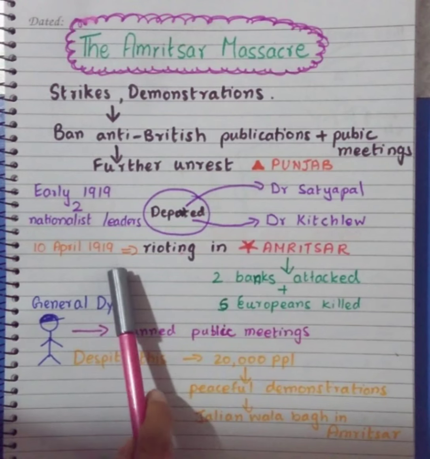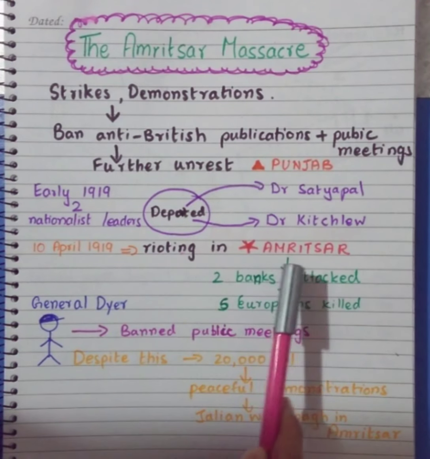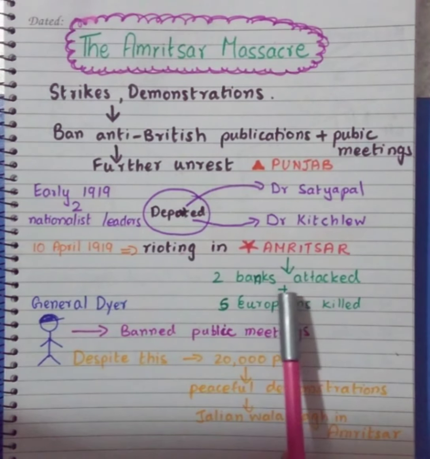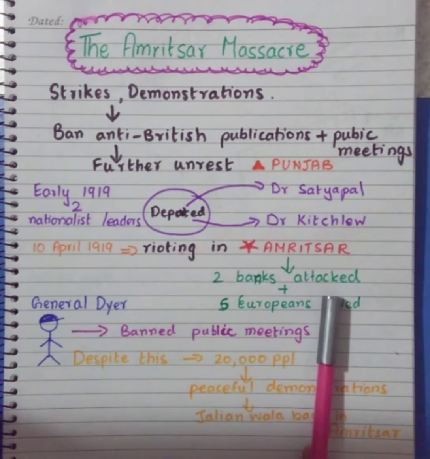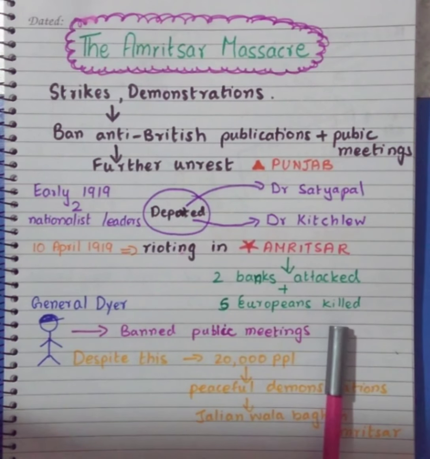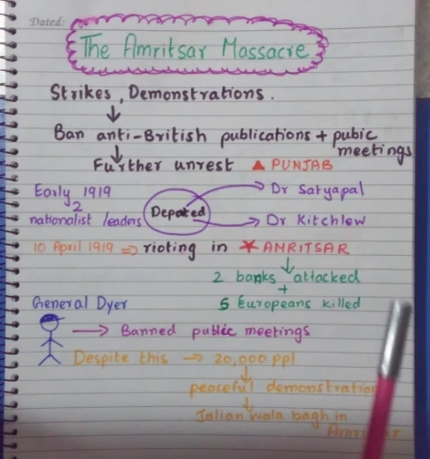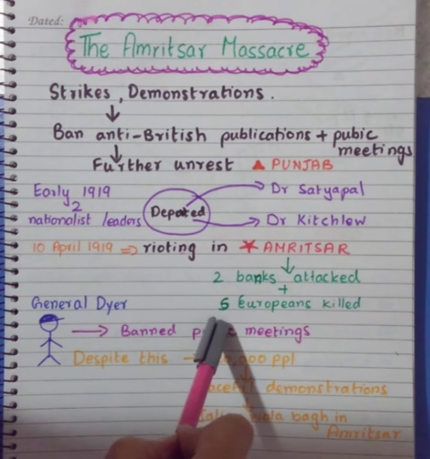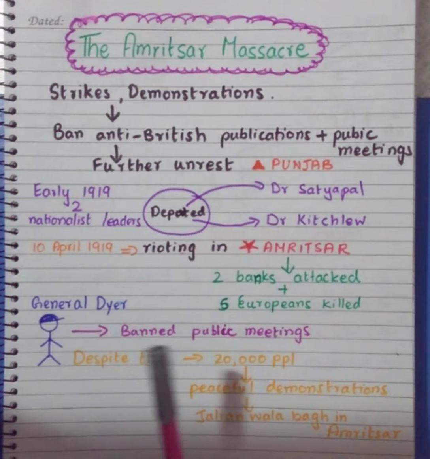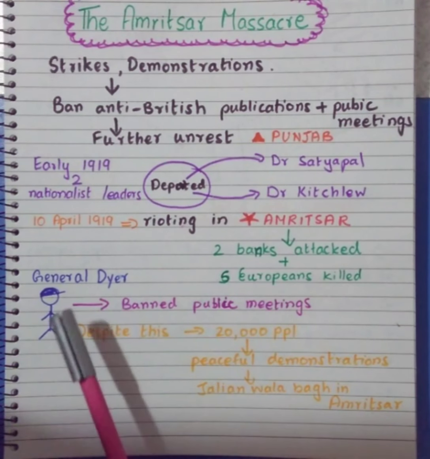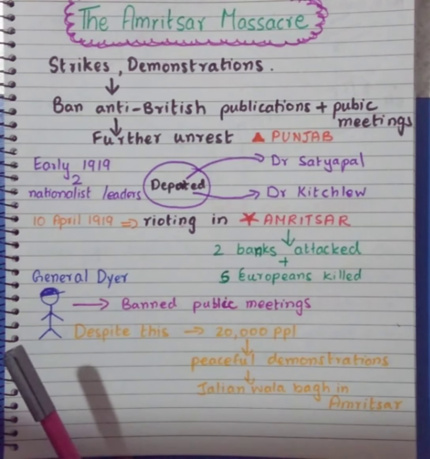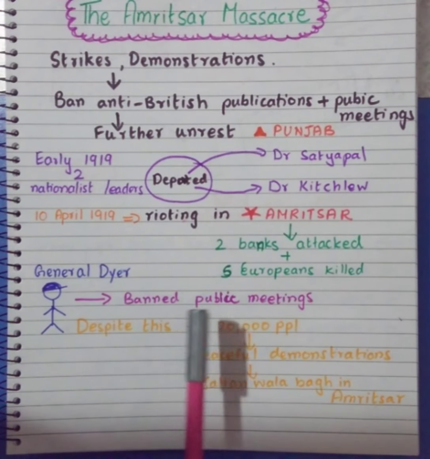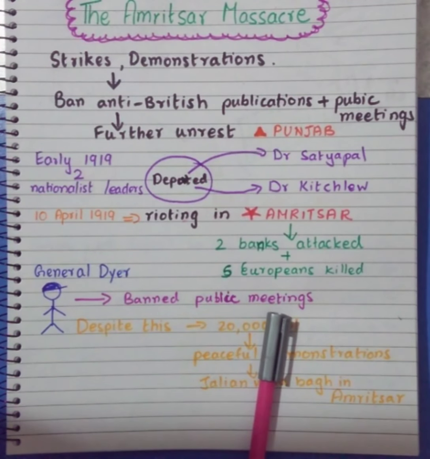On 10th of April 1919, rioting began in Amritsar, a place in Punjab, and two banks were attacked, whereas five Europeans were also killed. Now, because of all of this that was happening in Punjab, martial law was declared in Punjab, and General Dyer, who was the person to oversee the affairs there, banned all the public meetings in Punjab.